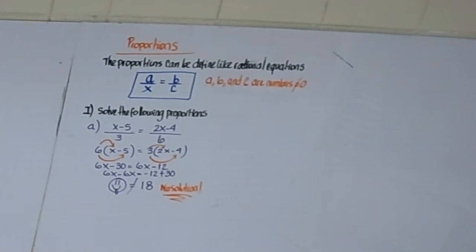Independent is when we have an identity, for example, 5 equals 5, 10 equals 10, 11 equals 11, and so on. This is how we can solve that situation. Understood until this part? Yes. Okay, then let's solve another example.